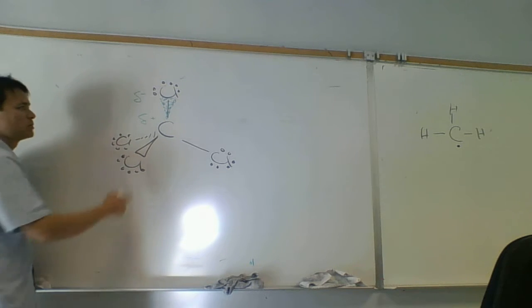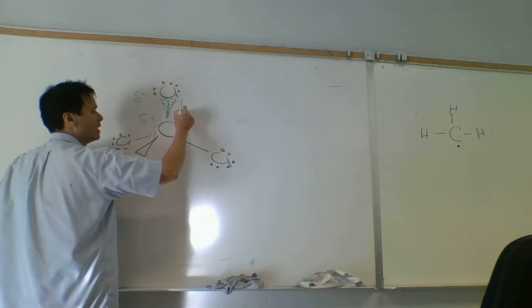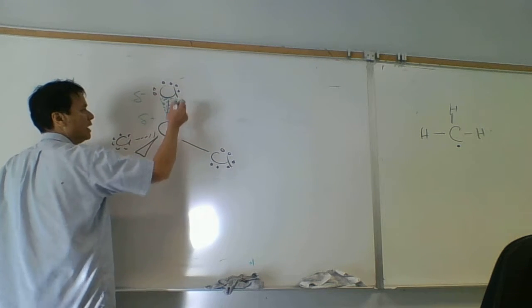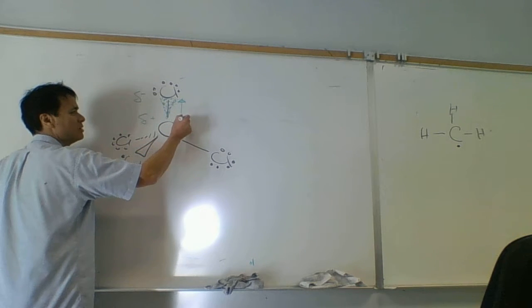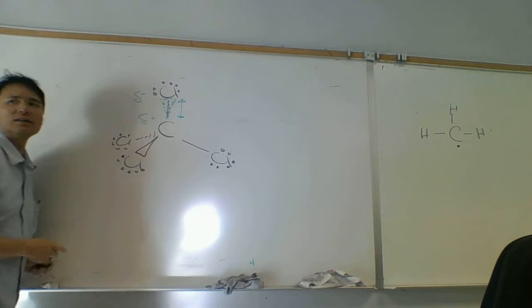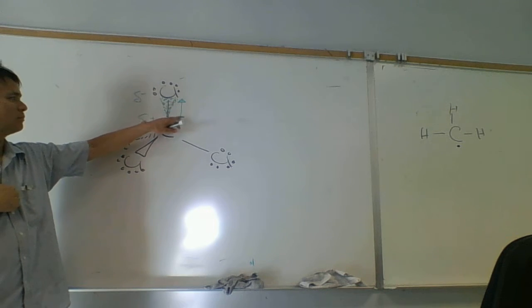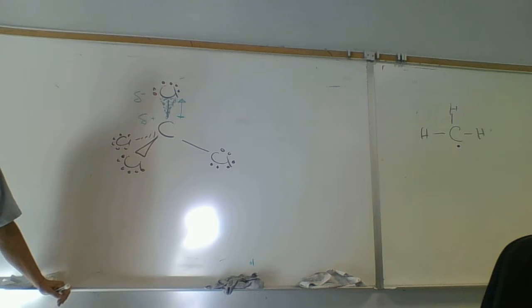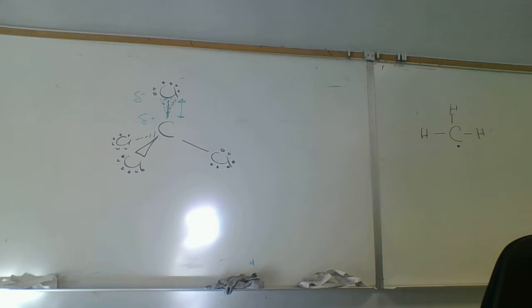There's another way of representing this. The other way of representing it is by using an arrow. The arrow points towards the more negative end, and the tail is shown with a little positive sign there. And so this shows that it's more negative here, more positive there. So we definitely have a polar bond there.